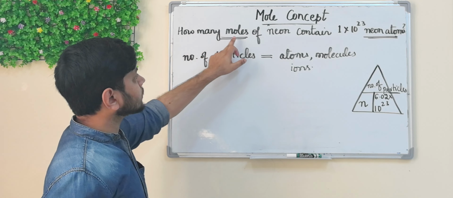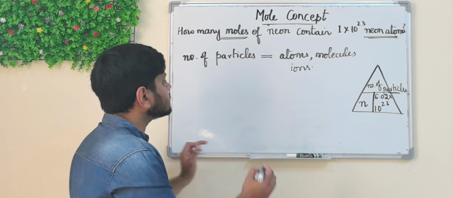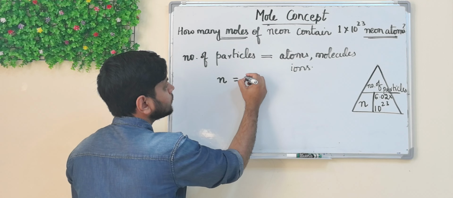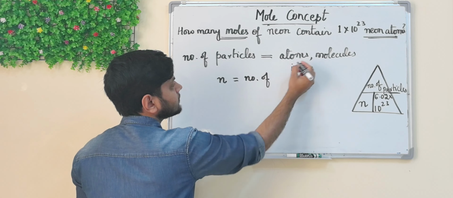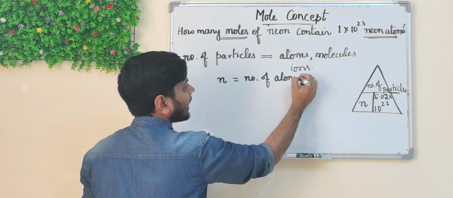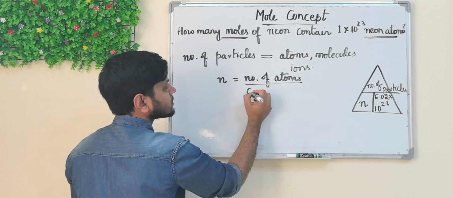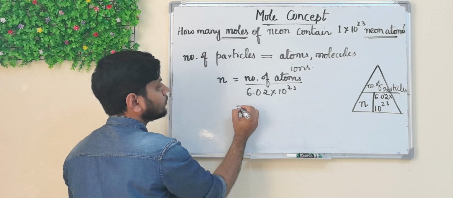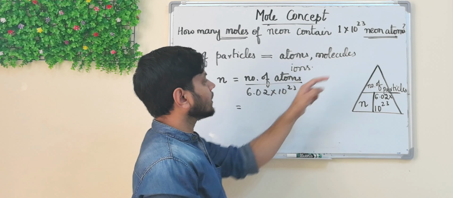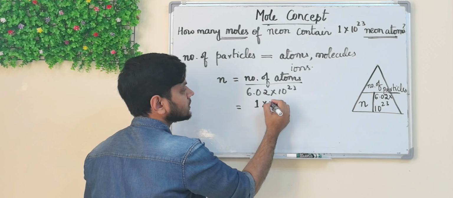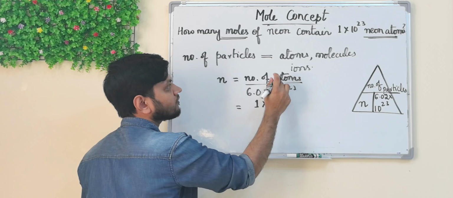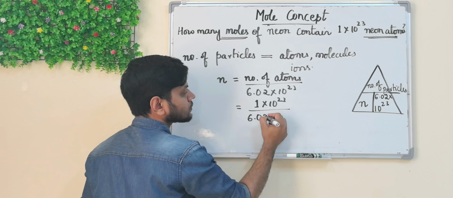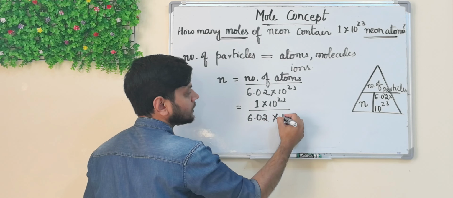So now the question here is to calculate the moles. So the formula becomes moles, that is small n, equals number of particles, or here in this case the neon atoms, over the Avogadro's constant, which is 6.02 into 10 to the power 23. It is already given that there are 1 times 10 to the power 23 neon atoms, over the Avogadro's constant, 6.02 into 10 to the power 23.